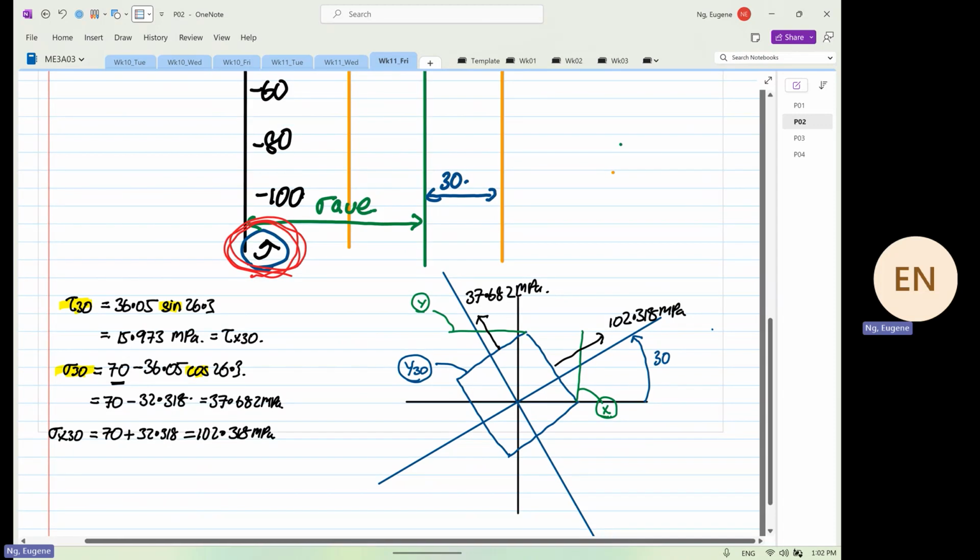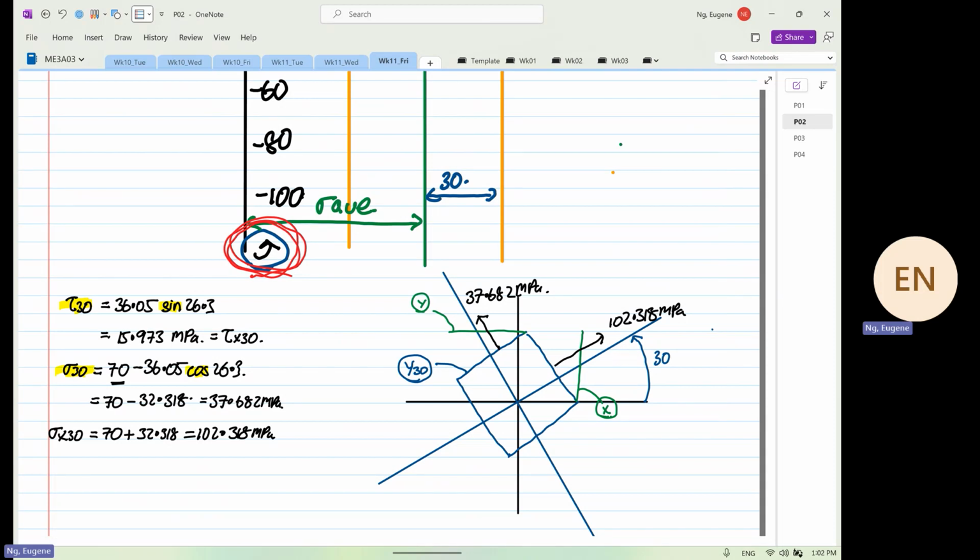Anti-clockwise. So if Y30 were to go anti-clockwise, the shear has to be going down the slope or going up the slope? Down the slope. When you have this arrow down the slope, then the element will rotate what? Anti-clockwise. Are we clear?